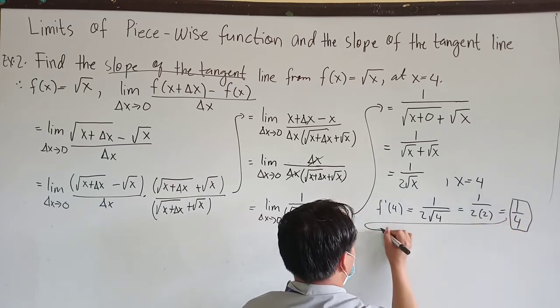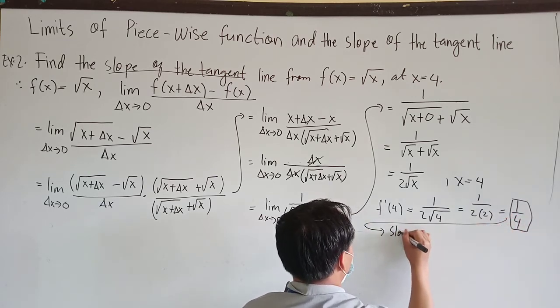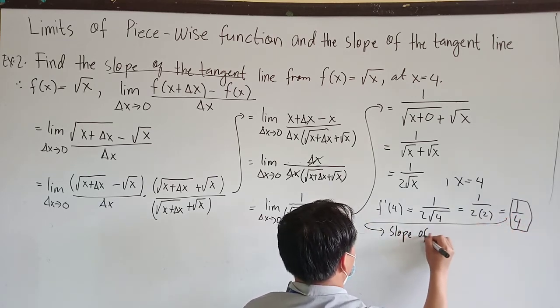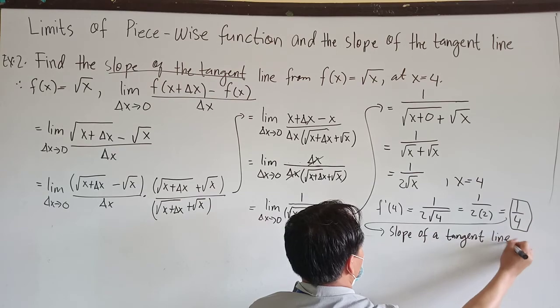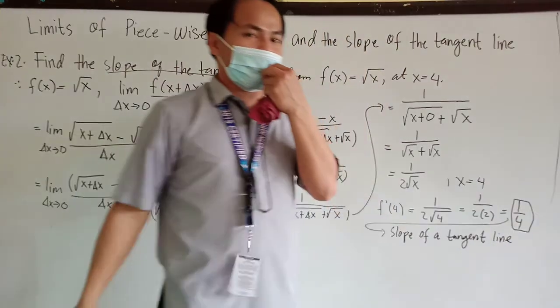This one is what we call the slope of the tangent line.